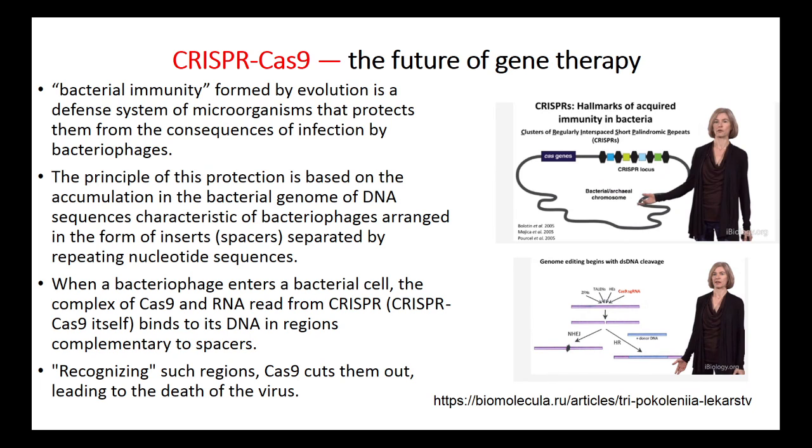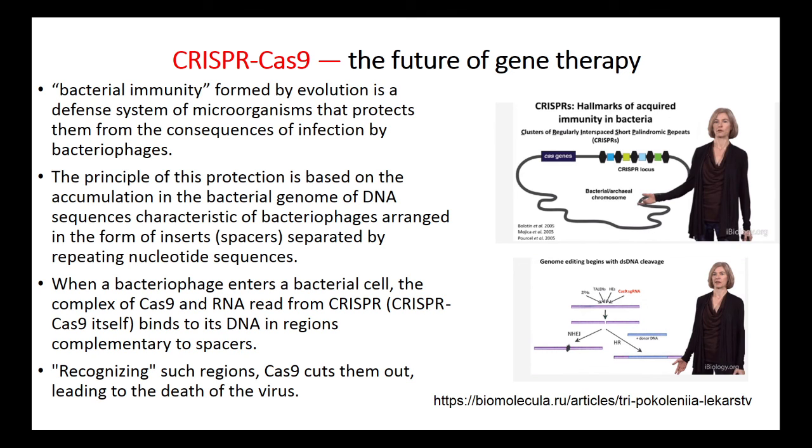And here is some info from the lecture. You can find this lecture in the PPT, which I will give you, or take a photo, and you will find this lecture about CRISPR-Cas9 technology. This is a research woman.